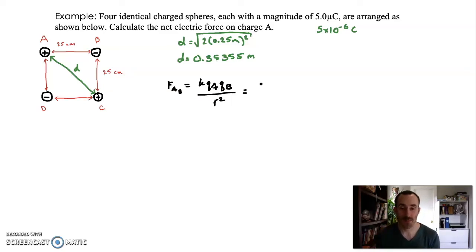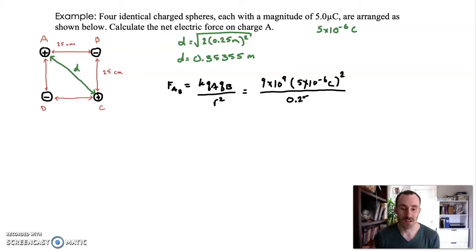Putting in the numbers, you get 9 times 10 to the 9 times 5 times 10 to the negative 6 coulombs times the same thing, 5 times 10 to the negative 6. So let's just make that squared for the sake of space. And the distance between them is 0.25 meters.